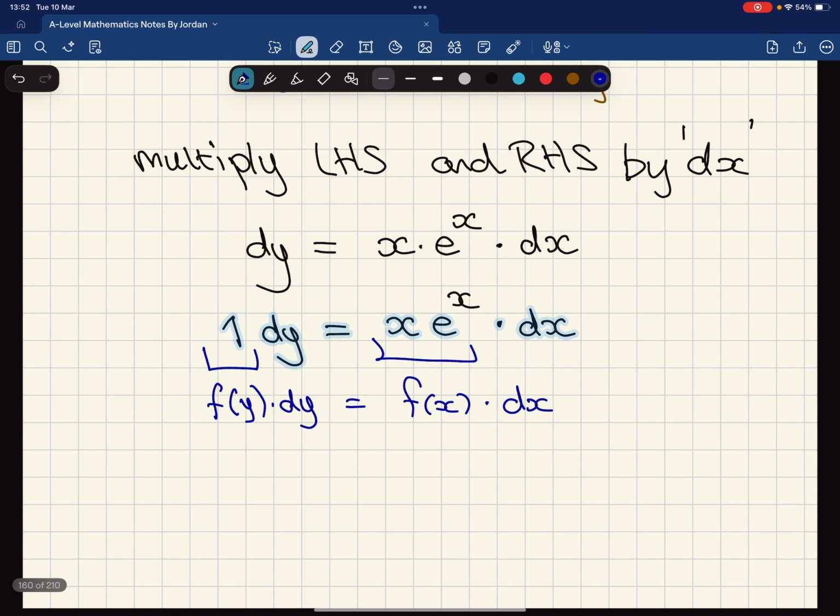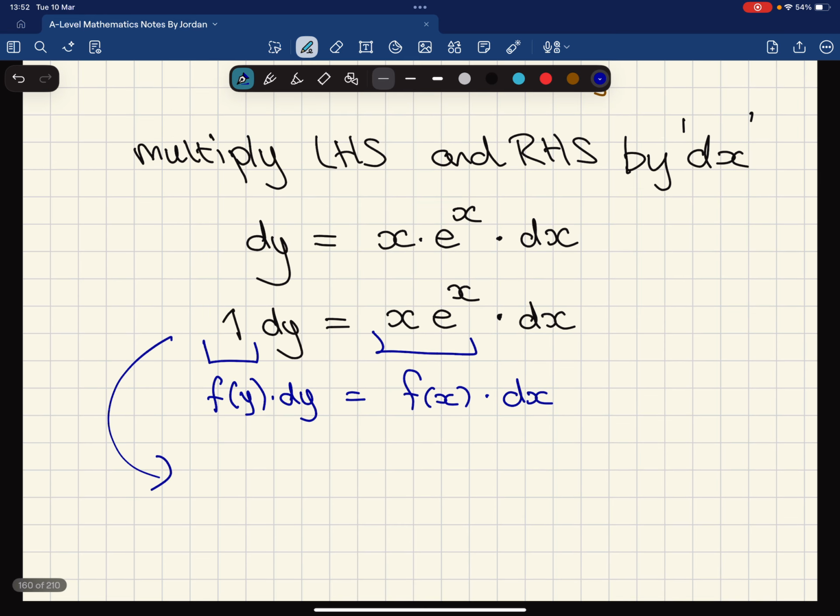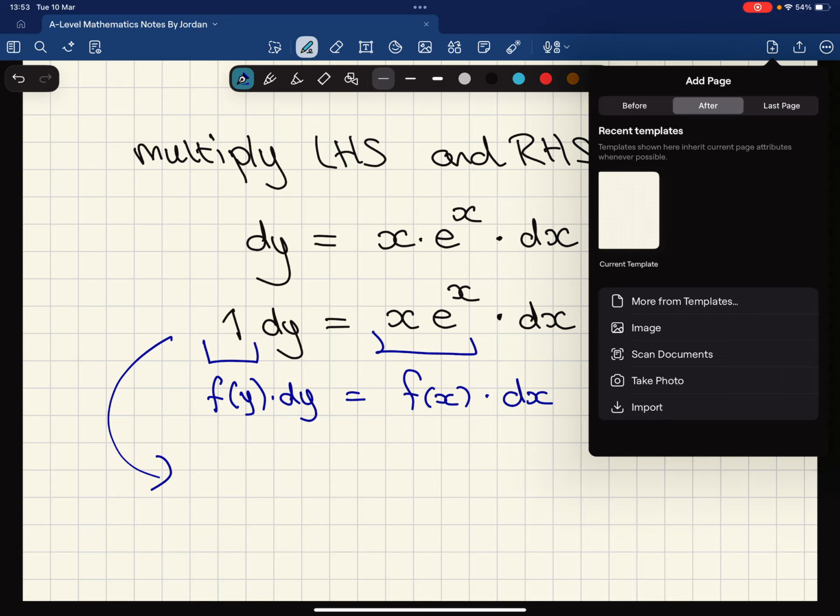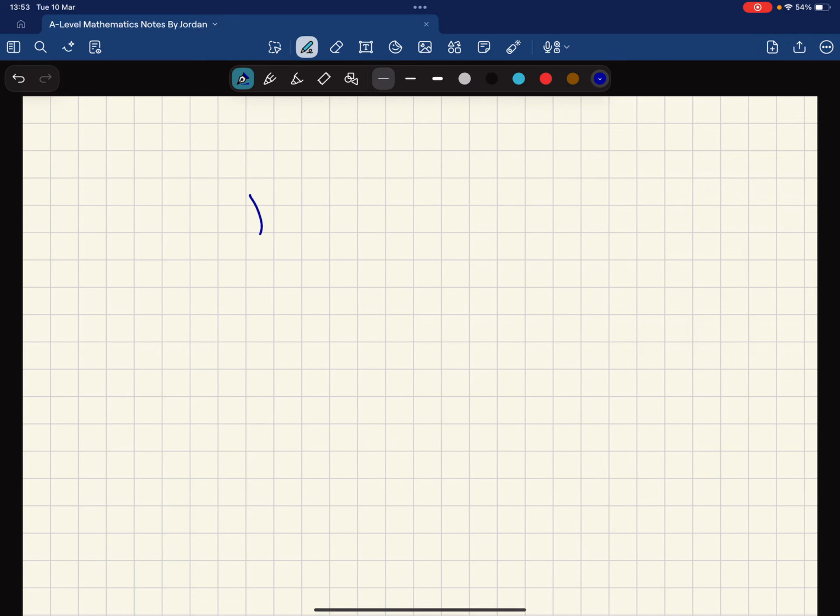So now it's in this form, we can actually deal with it. In fact, I'll actually use a different page for this, so I'm going to take this onto a different page. Now it's in this form that we require, we can simply integrate both sides.